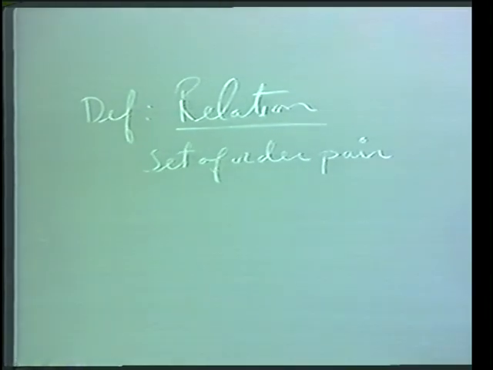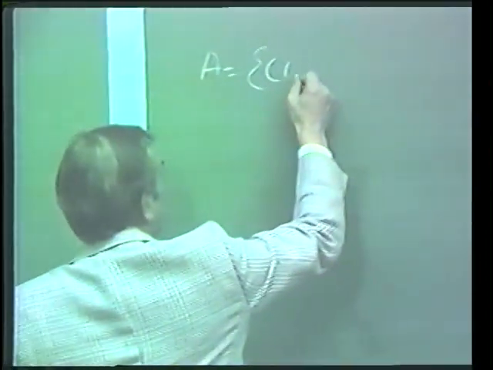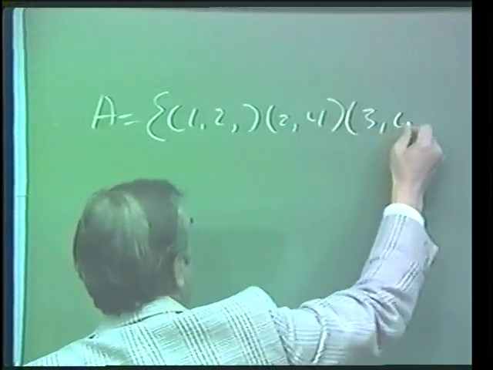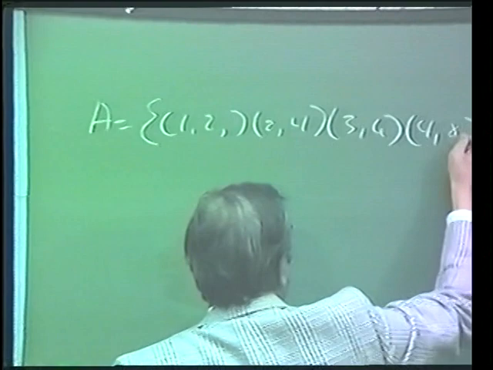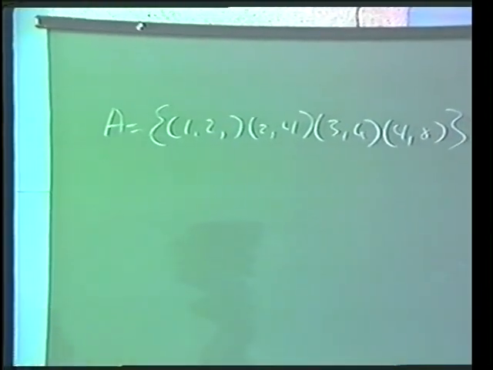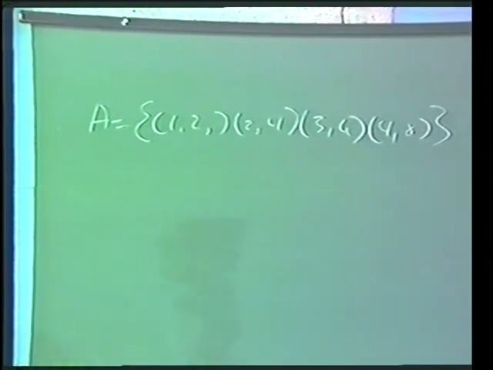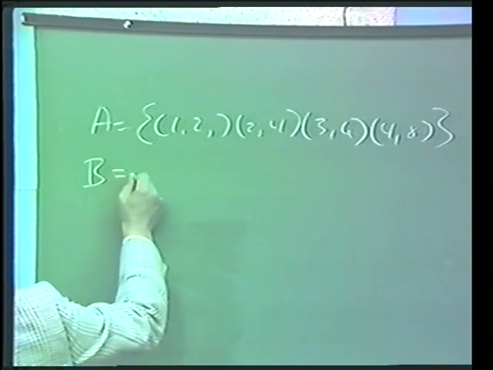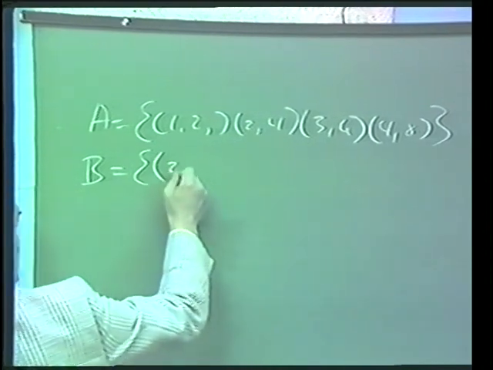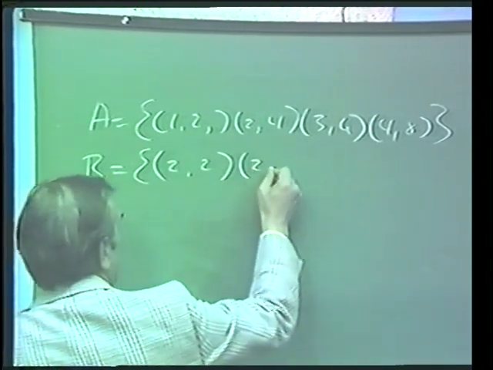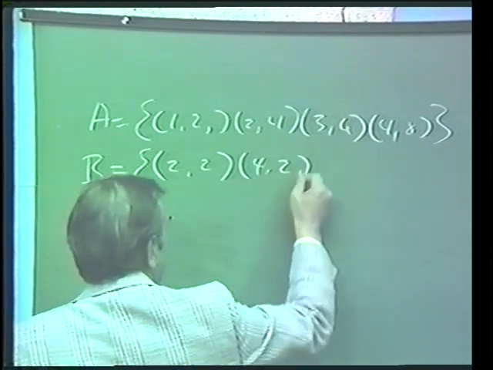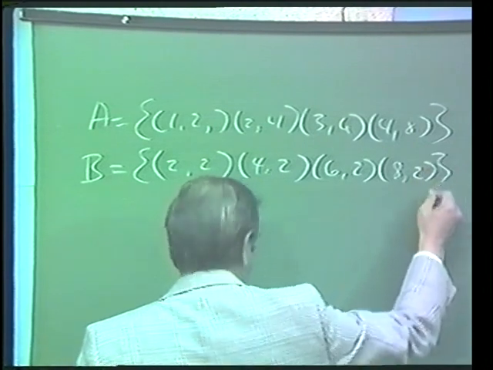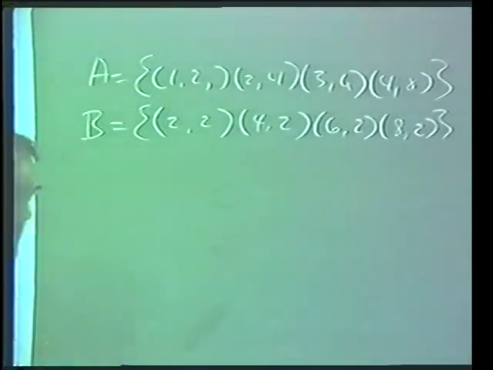Example, A. A is a relation. A is a set of ordered pairs. B is a relation.